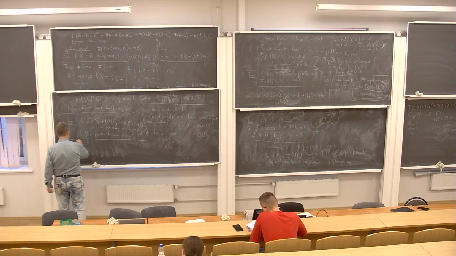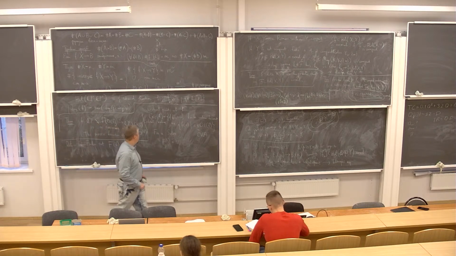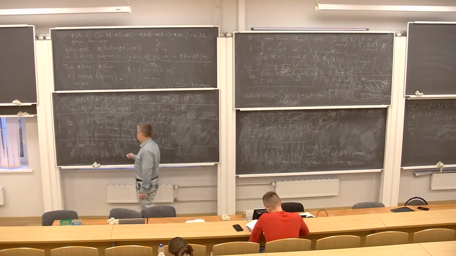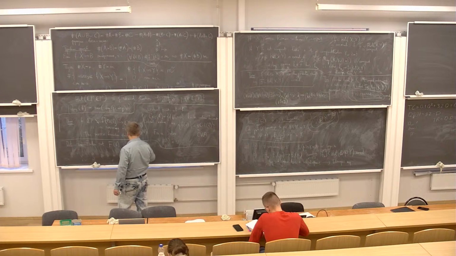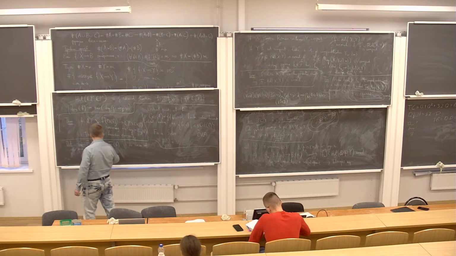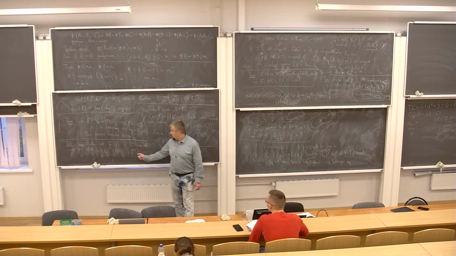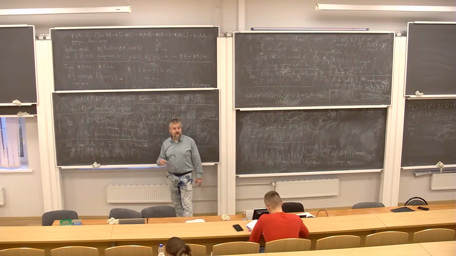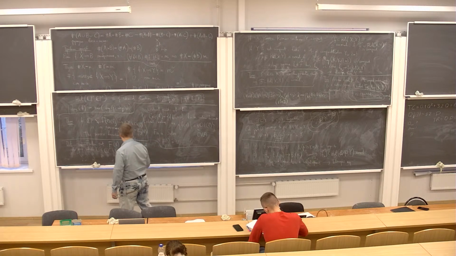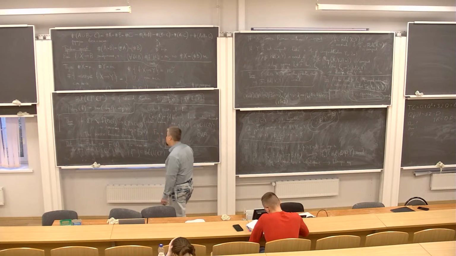The Fatou set of f, sometimes people write capital F of f, is the union of all open subsets U in the Riemann sphere such that the family of iterates, so this is the nth iterate, you iterate f n times, and in this way you get a sequence of maps, such that the family of iterates viewed as a map from U to CP1 is normal.